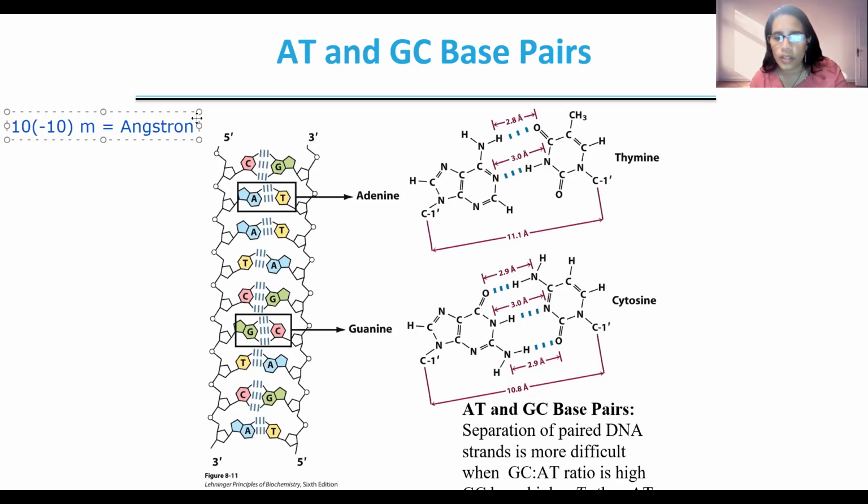Or is it too small and not observable under microscope? Can you actually see a DNA helix if you use a microscope? What do you think? Do you think DNA is too small to be seen under microscope, or you can see it under the microscope? So you can just respond in a yes or a no.